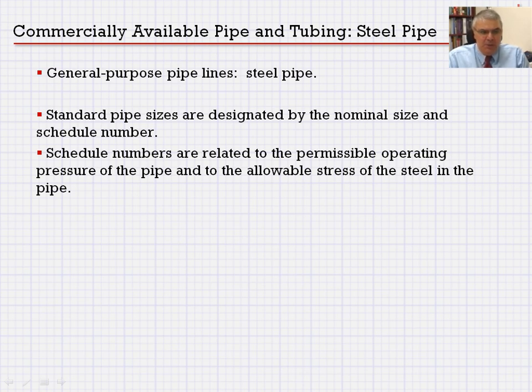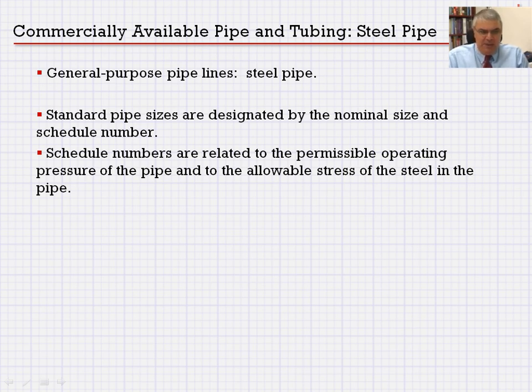Shortly I'm going to discuss both of those, and throughout this lecture we're going to take a look at those in detail. The schedule numbers are related to the operating pressure of the pipe. Remember that the strength of a pipe is a key factor. A pipe is considered to be a component of a structure.